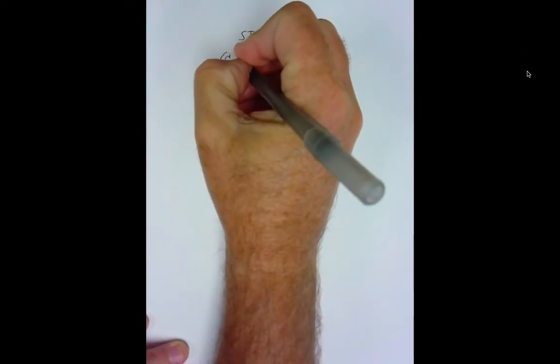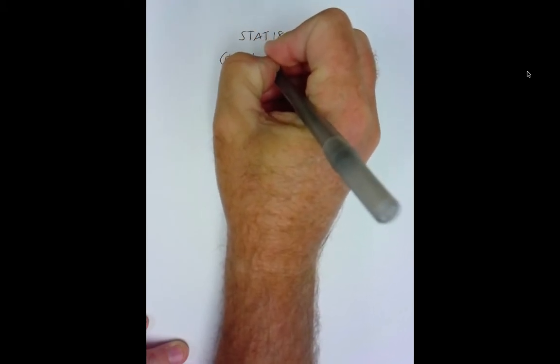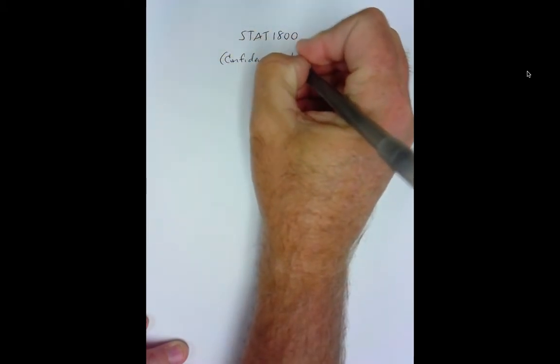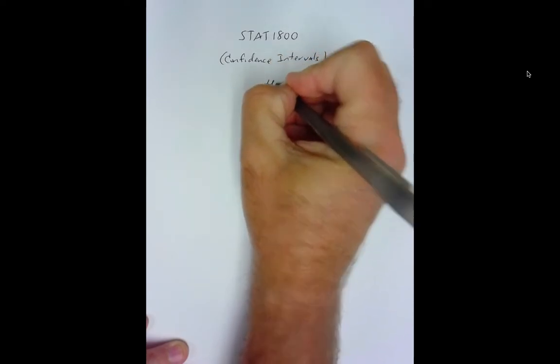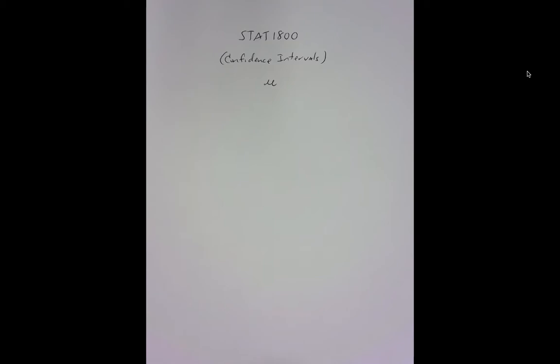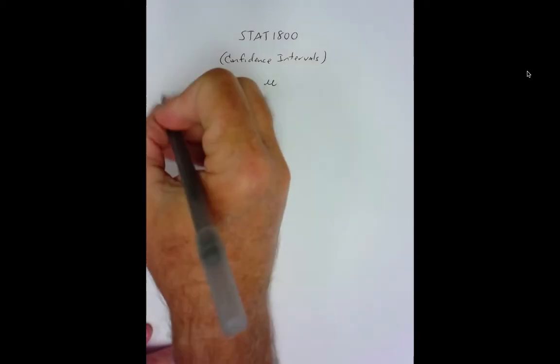Our focus right now is on confidence intervals, and we're keeping it simple here, just focusing on confidence intervals for mu. So what you know so far is they come in two shapes and sizes.